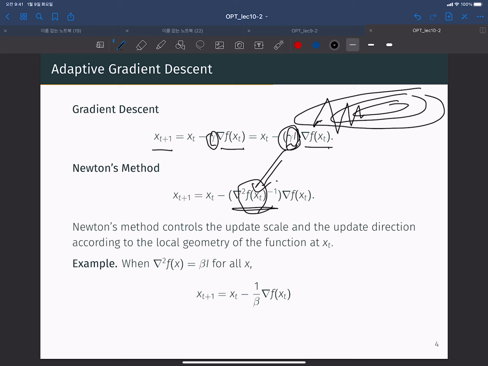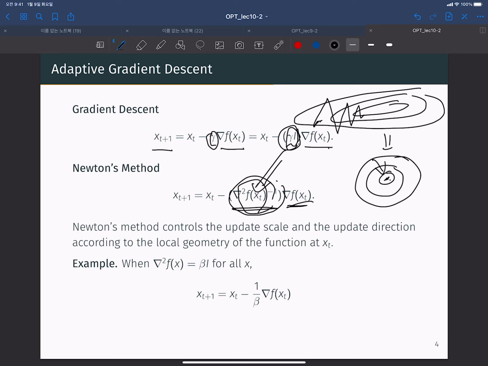But with Newton's method, the inverse Hessian makes your loss function surface look like this. This makes your space more regular. So your gradient descent goes more directly toward the global optimal point, and then you can reach the global optimal point within a few steps.